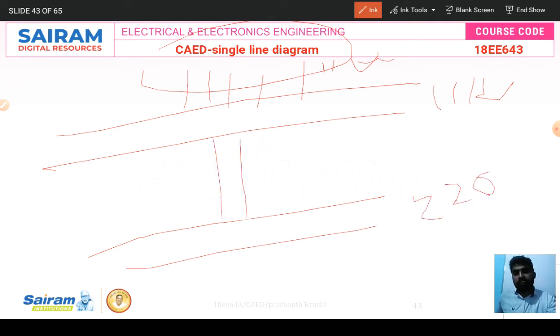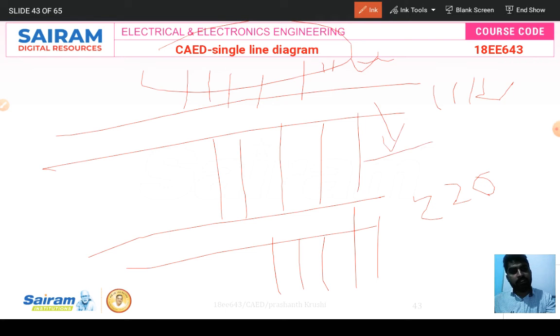Here to here 5 will be there, 220, and outgoing lines also 5. And there is an auxiliary transformer, auxiliary 11 kV to 400. Likewise we need to draw the diagram with the particular electrical power system components. Next problem we'll see.